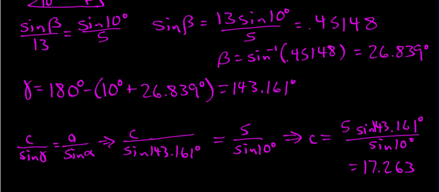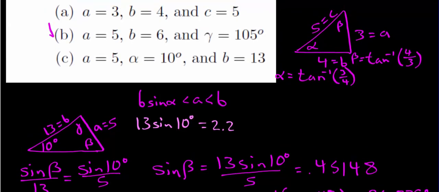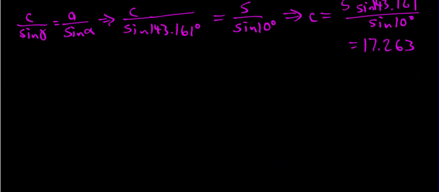But remember, there are two solutions. So here's what we've got to do. We were given the side B, but we weren't given the angle beta. That's our starting point. We have to go to the angle opposite the side that we were given, and we do it this way. To get our new beta, I'll call it beta prime, it's going to be 180 minus the old beta.